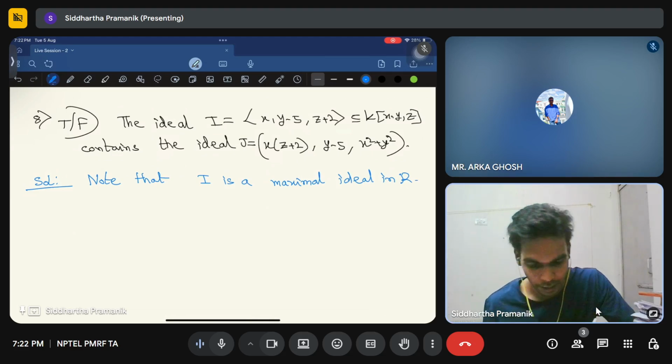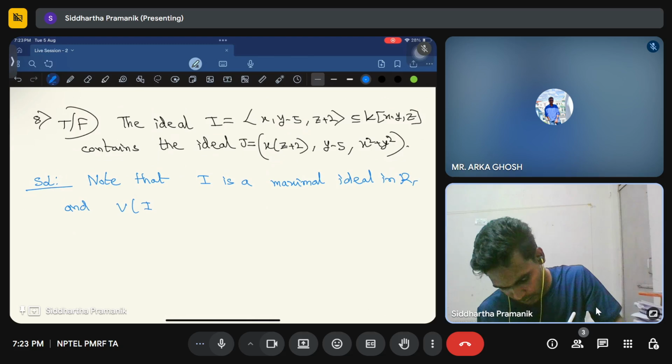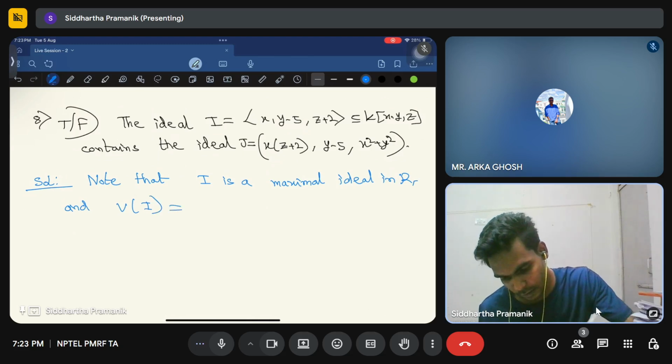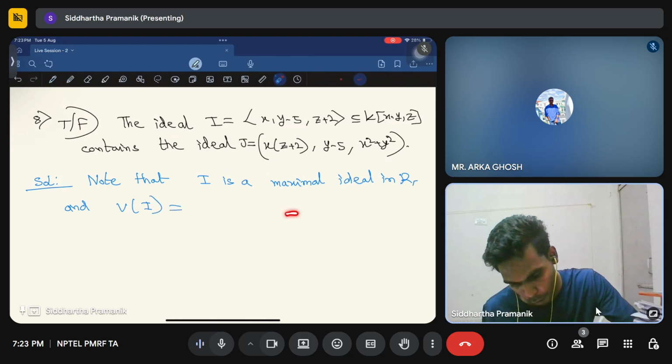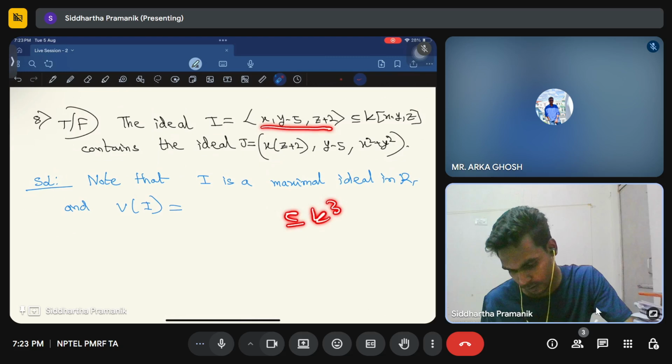A maximal ideal corresponds to points by Hilbert's Nullstellensatz. The variety of I is the set of all points in K^3 at which all these three polynomials vanish.